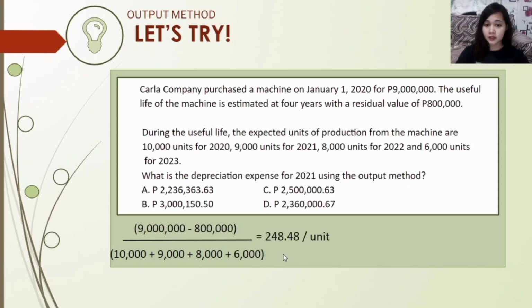We get the depreciation rate of 248.48 per unit, and then multiply it by the actual output of the year asked, which is 2021. The actual output for 2021 is 9,000. Multiplying by 9,000, we get the depreciation expense of 2,236,363.63. The answer to this problem is letter A.